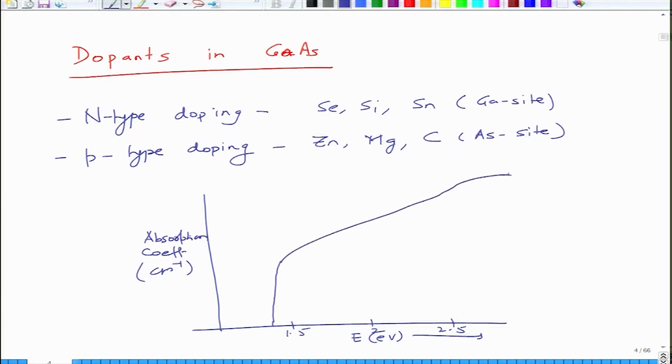Aluminum gallium arsenide will be somewhere here. This is GaAs and this is aluminum gallium arsenide, with about 33% aluminum, so 0.33 aluminum and 0.67 gallium. And this increases the band gap of gallium arsenide.